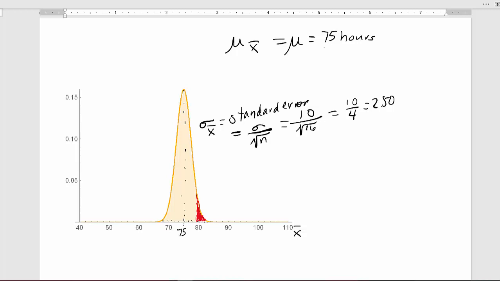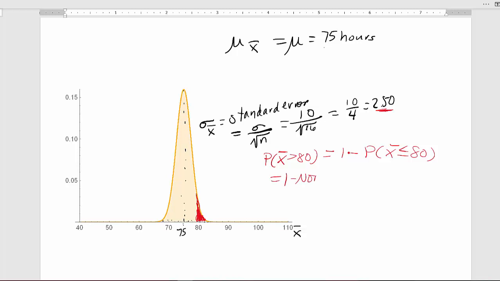It's actually exactly what we did in Chapter 6, but instead of putting in 10 for our standard deviation, we're now going to use this new standard error, or the standard deviation of the sampling distribution, in our norm dist function. So we'll calculate the probability that the average is greater than 80 by calculating 1 minus the probability that that average is less than 80 using norm dist.